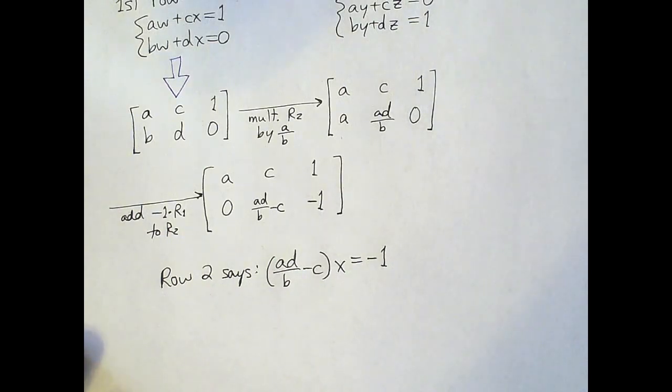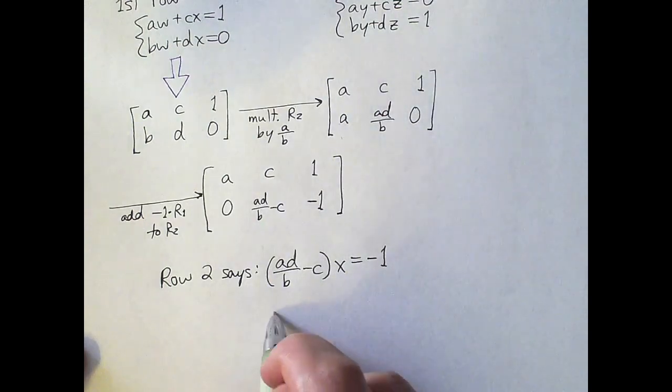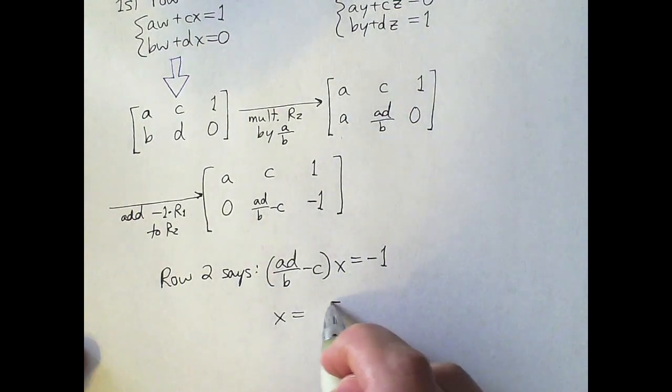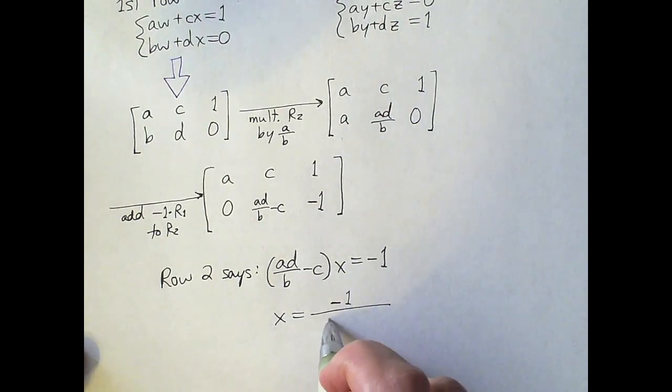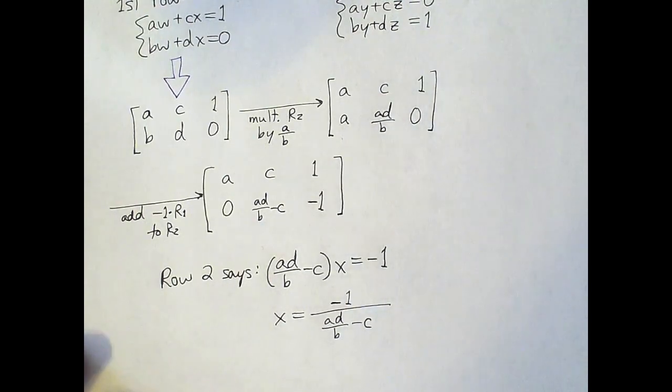Let's remember, what are we trying to do here? We're trying to find W, X, Y, and Z. We could use this to find X. We could say X is -1 divided by this thing that was in parentheses. I mean, it's a little messy, but it's true. X does equal this.